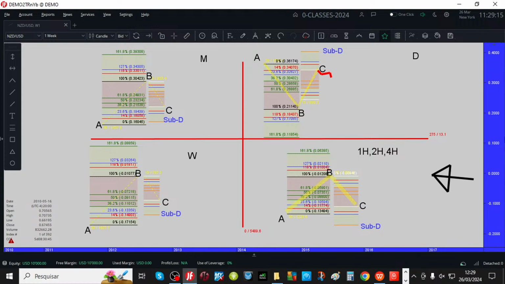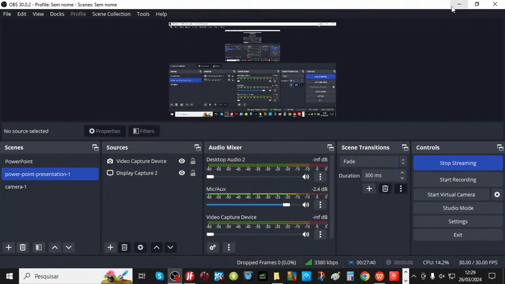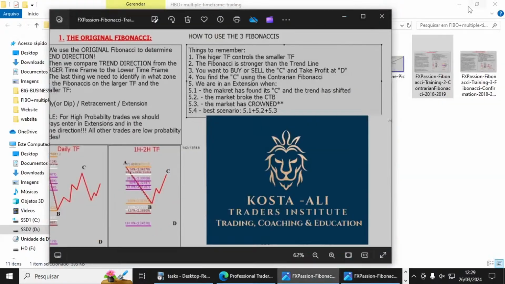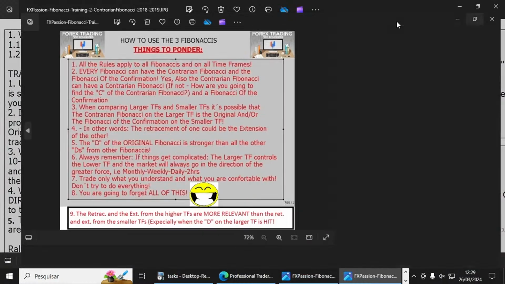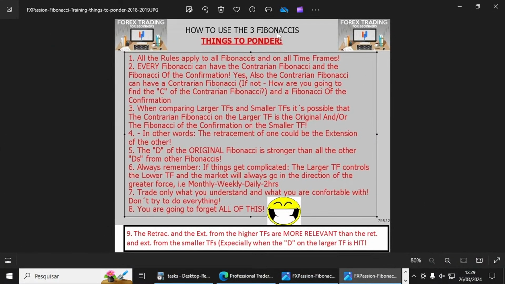We have one more slide to go. Don't freak out, everybody, all right? There is one more, this one. How to use the 3 Fibonacci. We still want to learn the Fibonacci of the confirmation. But number 1, all the rules apply to all Fibonaccis and on all time frames. What does this mean? The original Fibonacci is stronger and the higher time frame controls price action and movement on the smaller time frames.